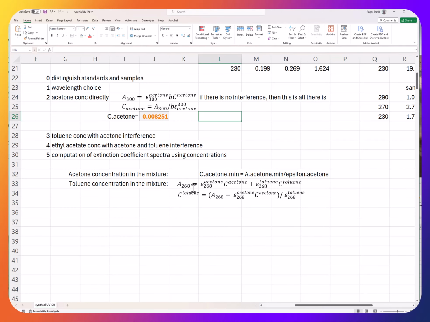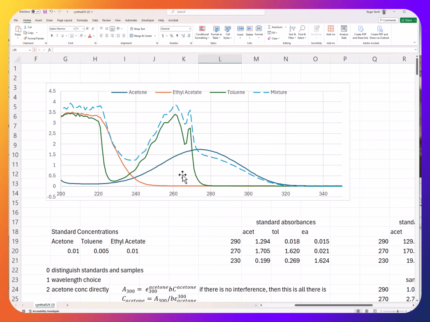The absorbance at 268 for the mixture will be the acetone extinction times concentration of acetone, plus epsilon extinction times concentration of toluene. This is all assuming B is 1. And so this is A equals epsilon BC plus epsilon BC plus epsilon BC, and so on, for all the components.